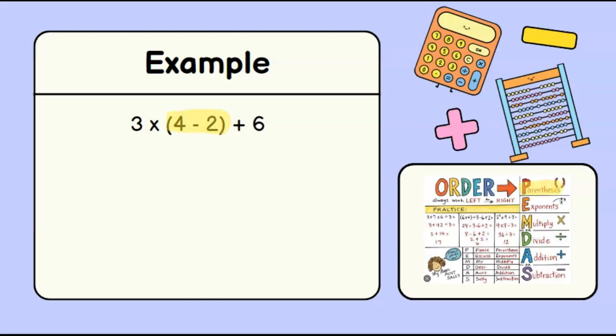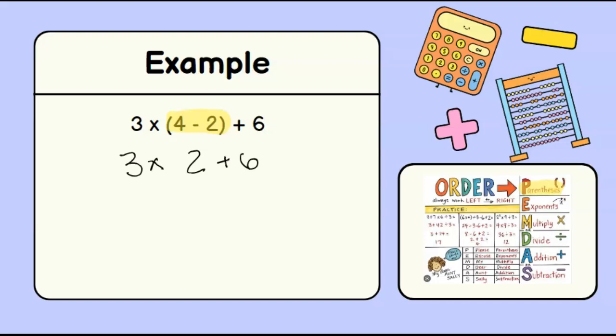According to our PEMDAS, we're going to do whatever is inside of the parentheses first, simplify that before moving on to our next operation. So first I'm going to do 4 minus 2 and solve that. I know that 4 minus 2 is 2. And then I'm going to write the rest of the equation around it.